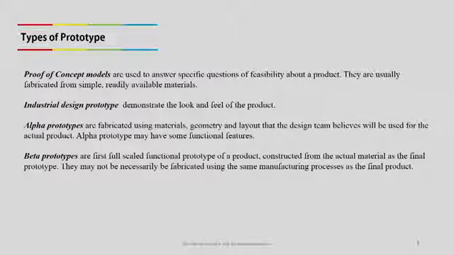First is proof of concept models. Some people call them mock-up models also. You can make them with different kinds of material. For example, suppose you have a wheel in your product.